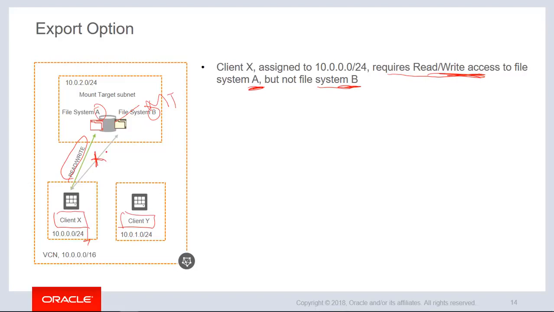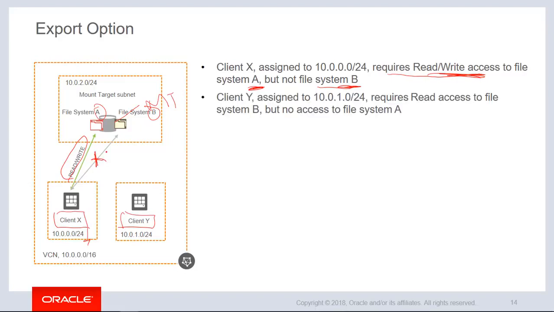It should not have any access to file system B. Client Y, which is here, requires read access only to file system B, but no access to file system A. So a different requirement. You can see here it requires read, and for file system A, it shouldn't have any access.